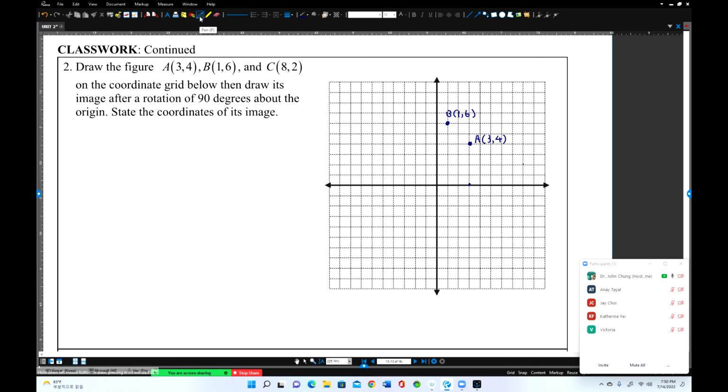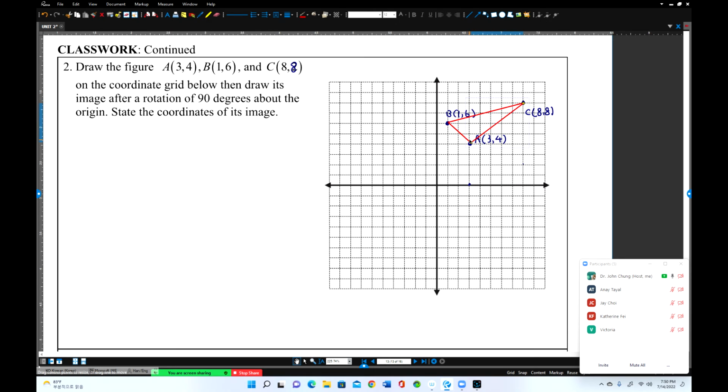I'm gonna use this one, 8 and 8. 8 and 8 is up here. I think that is better. So when you connect, it's gonna be bigger. Looks like a triangle.